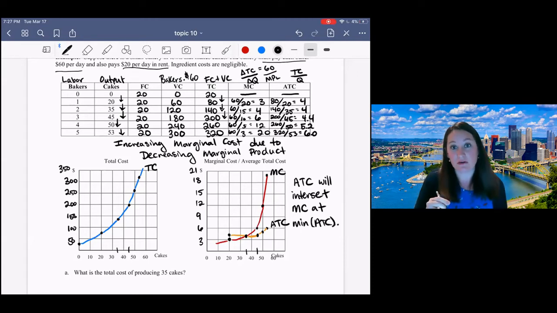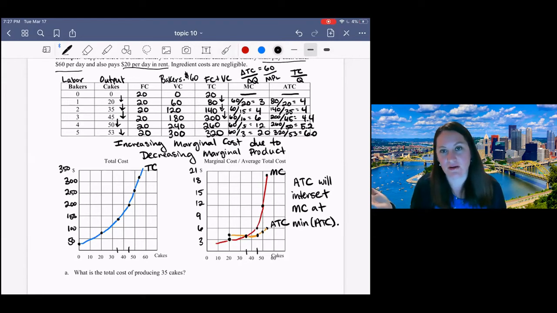So your average total cost curve is usually going to look like a U shape, okay? And at the very bottom of that U, that's the minimum, the very lowest point, that is where it will intersect your marginal cost curve, okay? So that's the typical way that we'll draw the graphs.